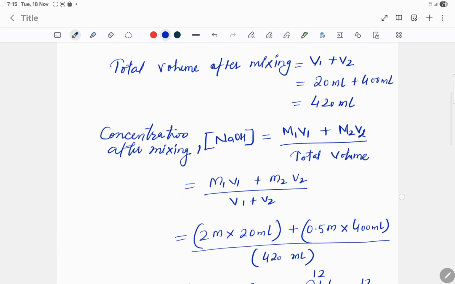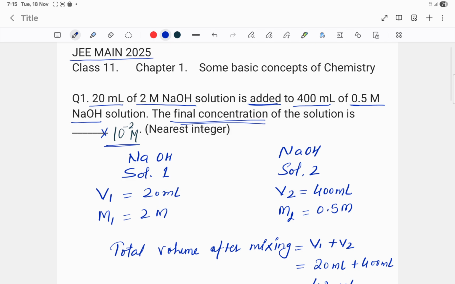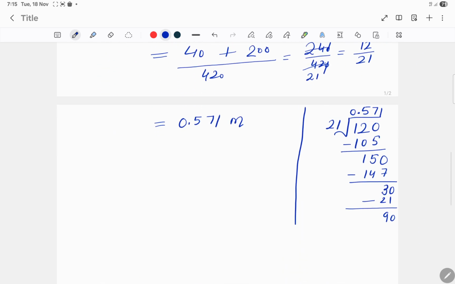But our question has asked that it should be the nearest integer, so there should be no decimal. Second, it should be in multiples of 10 raised to power negative 2 molar. So it is almost 0.57 molar approximately, because 1 is very small as compared to 5.